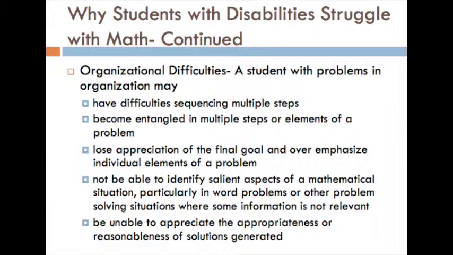They also may not be able to identify salient aspects of a mathematical situation, particularly in word problems or other problem solving situations where some information is not relevant. They also may be unable to appreciate the appropriateness or reasonableness of solutions generated.